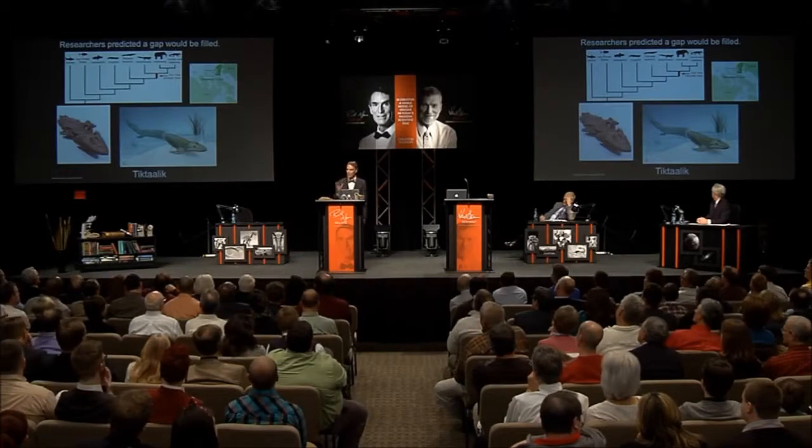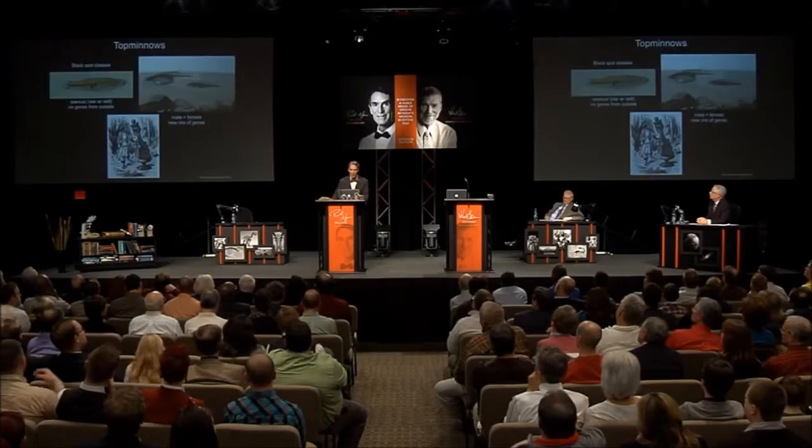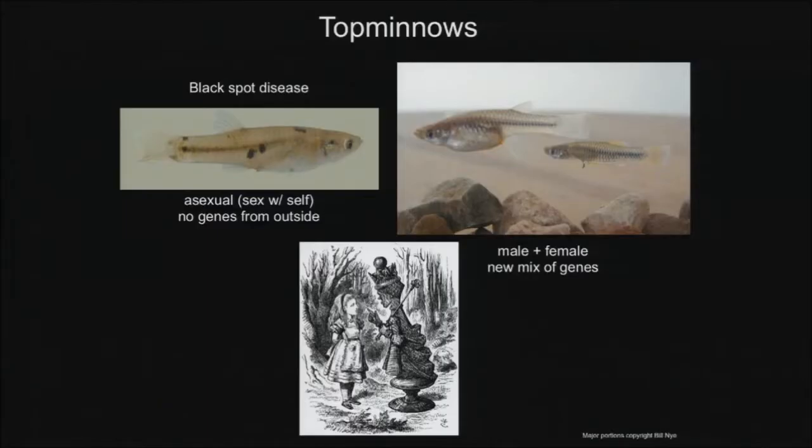Here's an extraordinary one that I find remarkable. There are certain fish, the top minnows, that have the remarkable ability to have sex with other fish, traditional fish sex, and they can have sex with themselves.